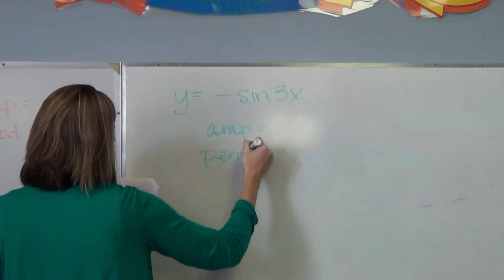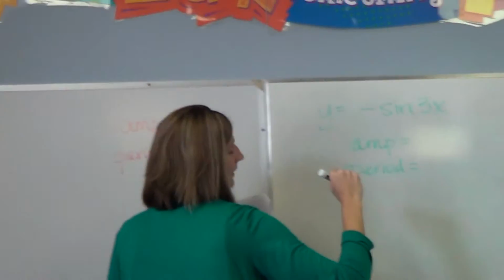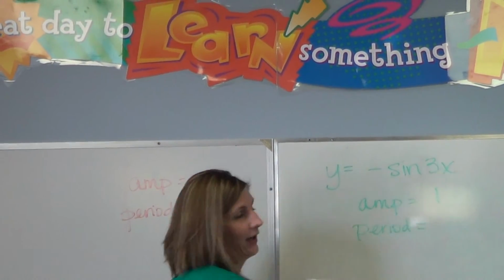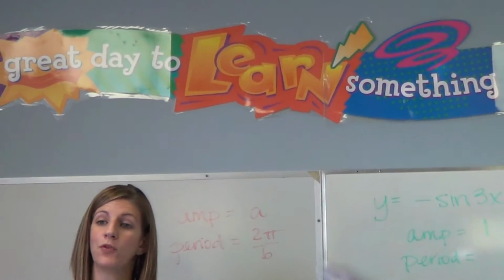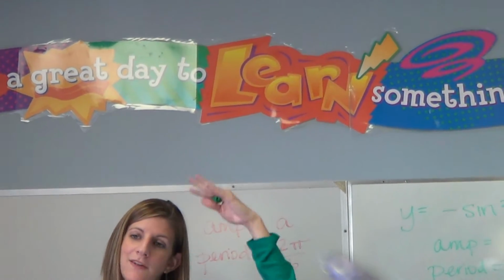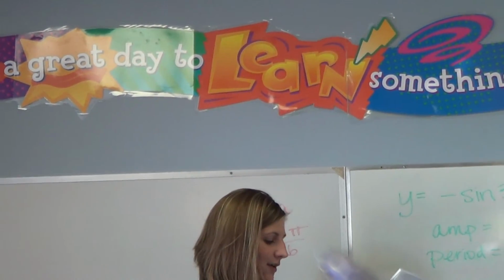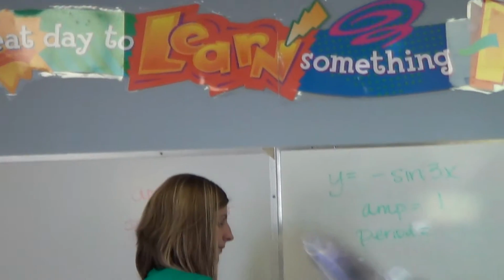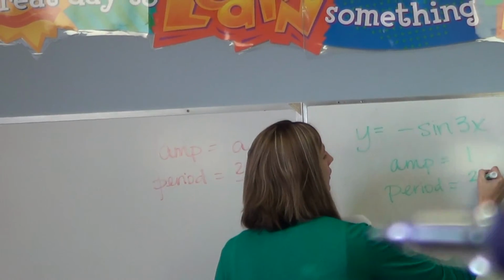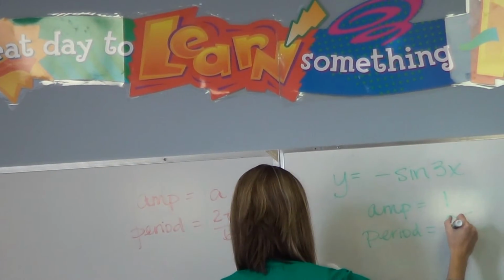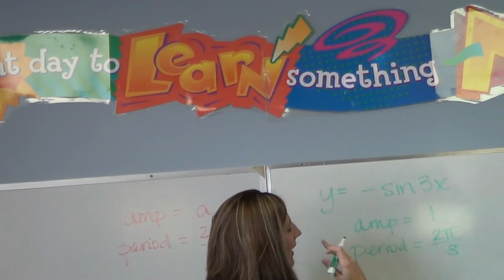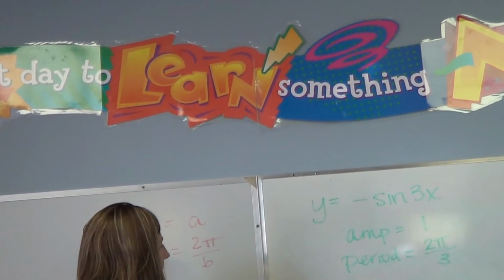Negative 1 or just 1, right? Because we say the amplitude is like the absolute value of it because it's going to go up and also going to go down to that number. And what is the period? 2 pi divided by 3, right? And that can't be simplified, so that would be it.